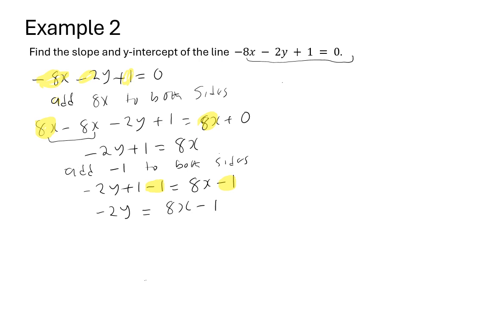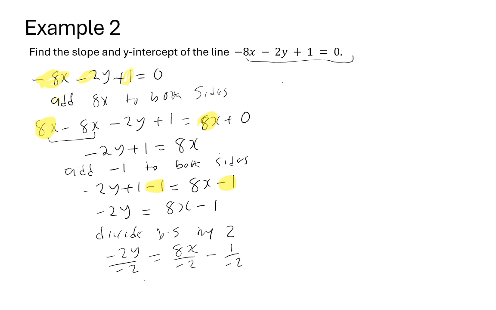Now we want to find y. So we have to divide both sides by minus 2. Since we have two terms here, we can divide each term individually by minus 2, which will be easier for us.